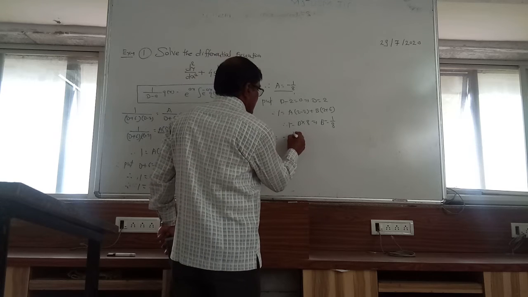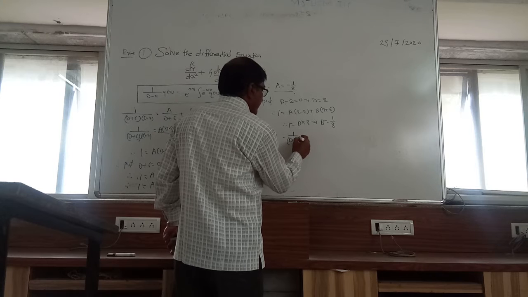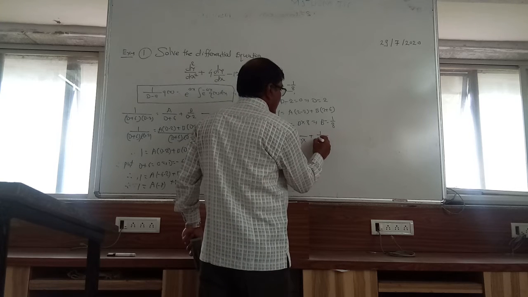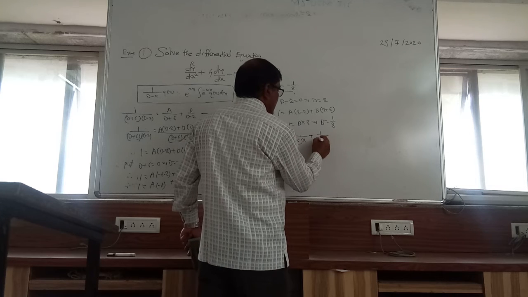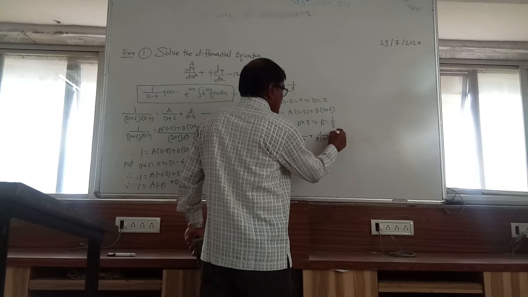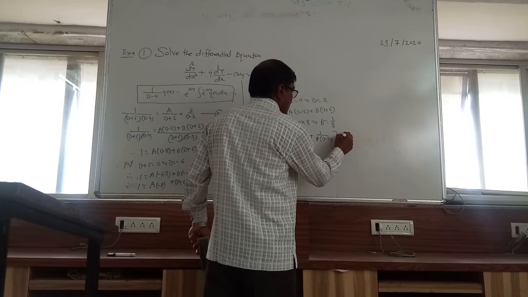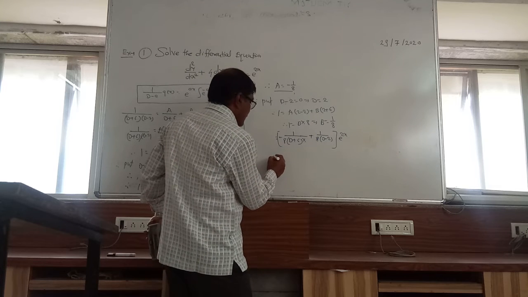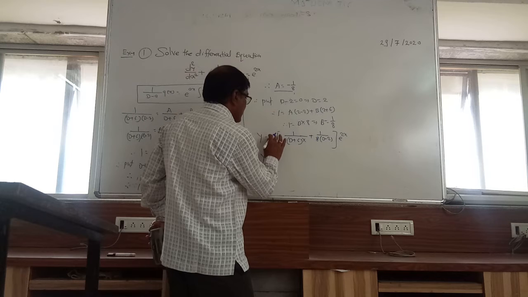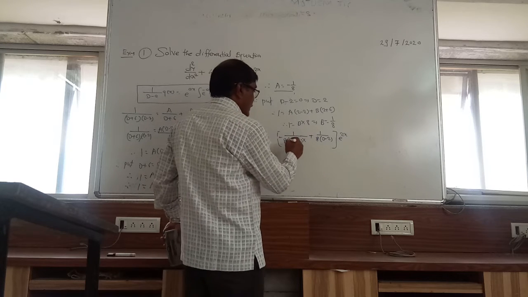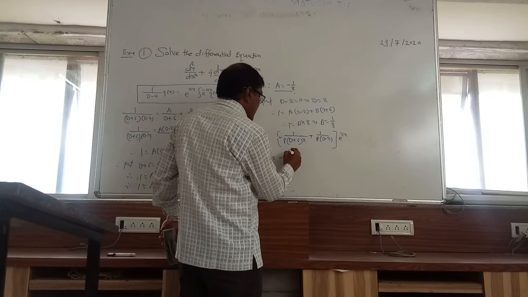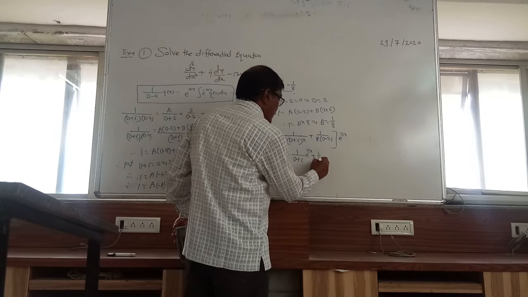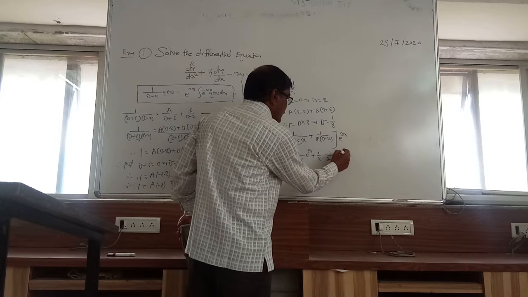So we have minus 1 upon 8 into 1 upon d plus 6 plus 1 upon 8 into 1 upon d minus 2, which is operated on the function e raised to 2x, a function of x on which the operators operate. Therefore yp is equal to minus 1 upon 8 operator 1 upon d plus 6 into e raised to 2x, plus 1 upon 8 operator 1 upon d minus 2 into e raised to 2x.